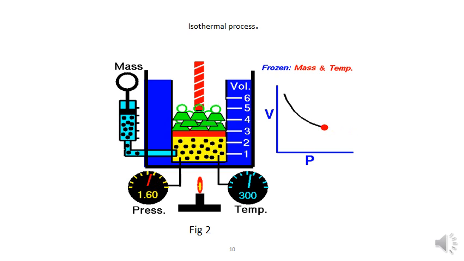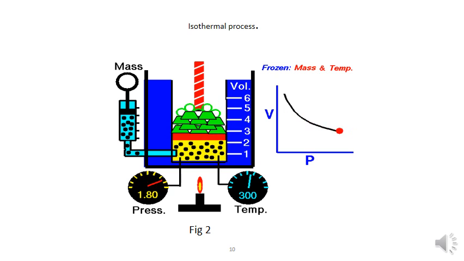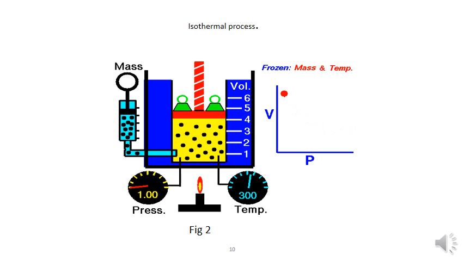P1 V1 and P2 V2 are different states, but P1 V1 is equal to P2 V2. The product of pressure and volume should be constant. If the pressure is increasing, the volume is decreasing, and if the volume is increasing, the pressure decreases. This is nothing but Boyle's law.